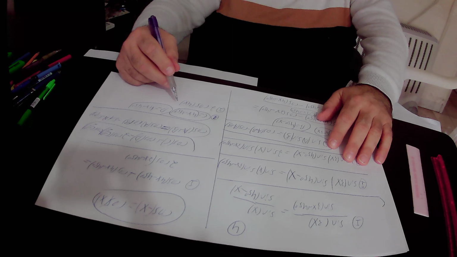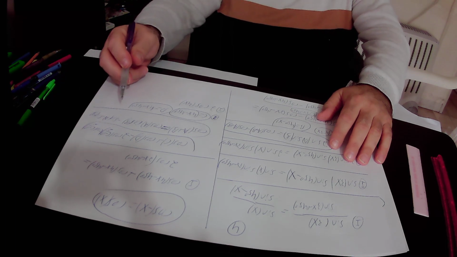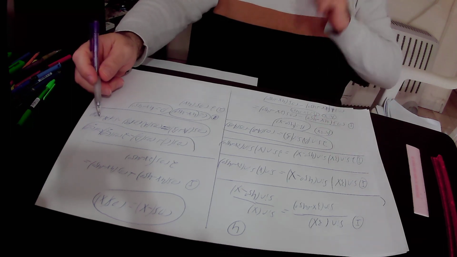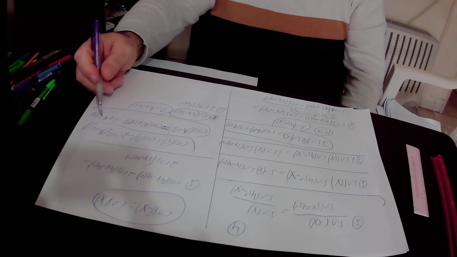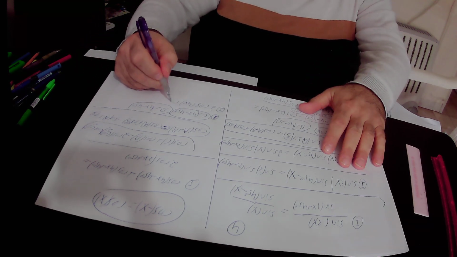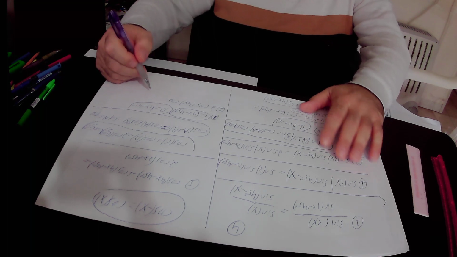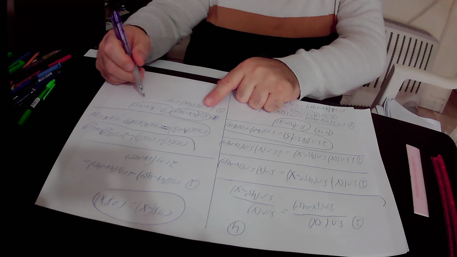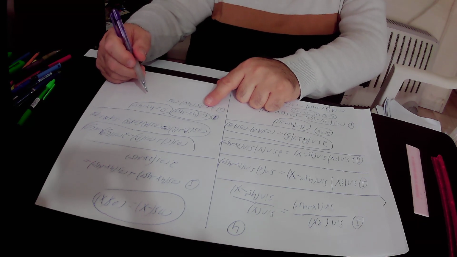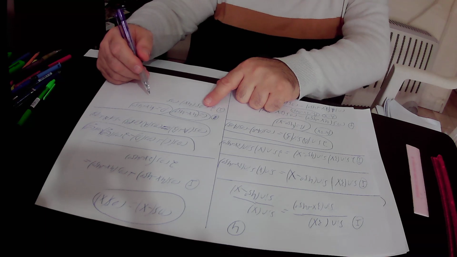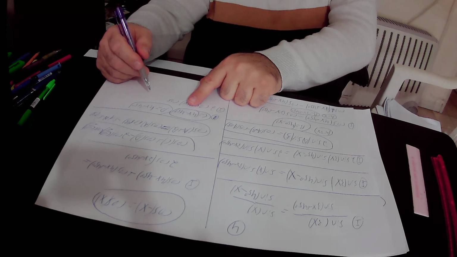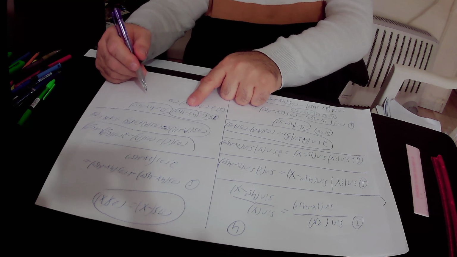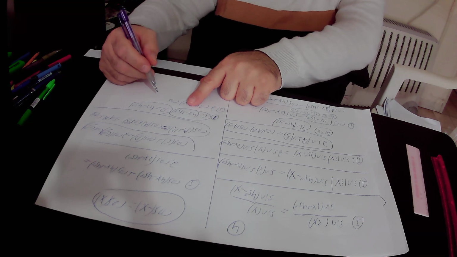So in conclusion, 2 cosine of C plus D over 2 is actually 2 cosine 4x, and we also must multiply it by cosine of C minus D over 2. Here C is 4x minus 45 degrees and D is 4x plus 45 degrees. So C minus D is 4x minus 4x, which is 0, and minus 45 degrees minus 45 degrees is minus 90 degrees, and minus 90 degrees over 2 is minus 45 degrees.